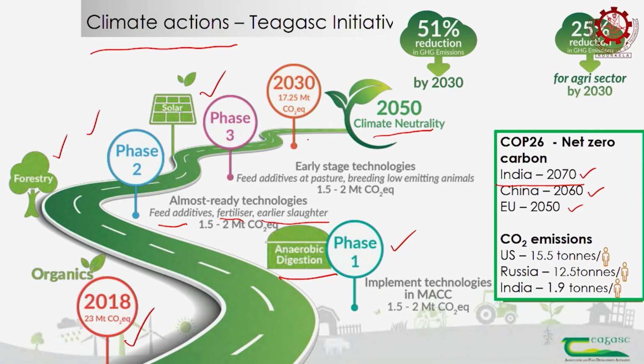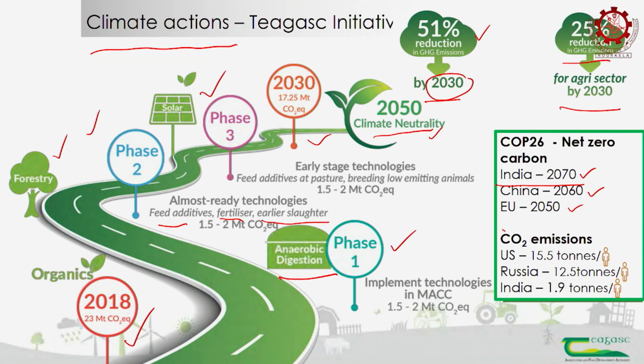Again, any vacant land should grow forest trees. There are different national forestry policies there. Then you have energy going to solar and different activities to reduce greenhouse gas emissions by 51% by 2030, and 25% from the agri-food sector. Yeah.